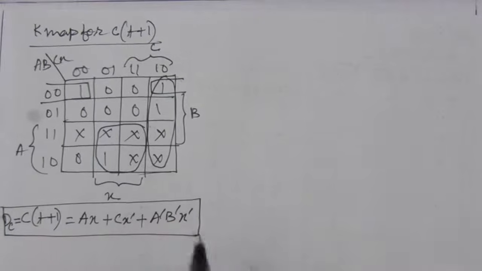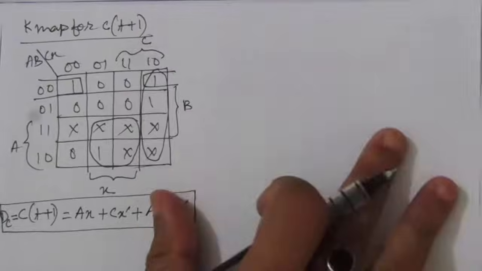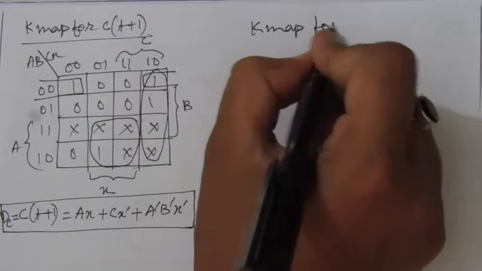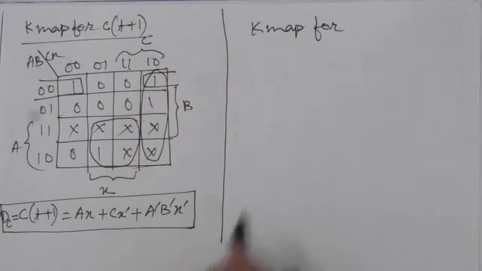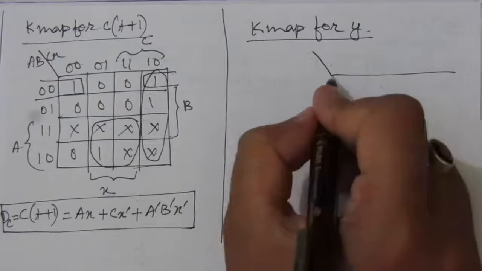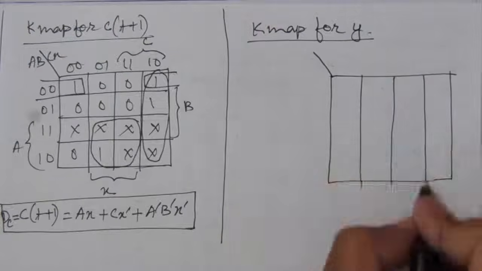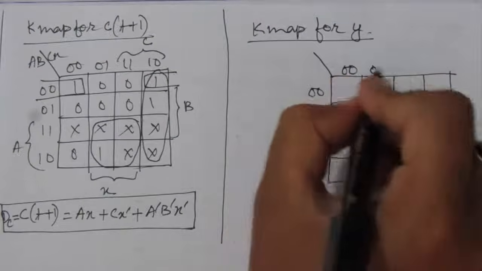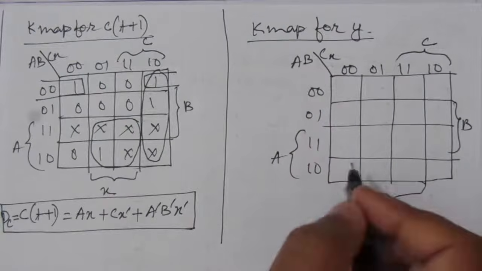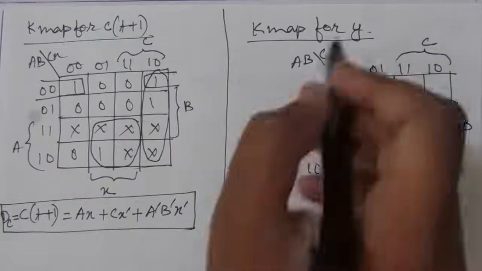Now we have to find out the expression for output y. So K-map for y. Here also it will be similar. Now we have to fill up this K-map with the values of y.